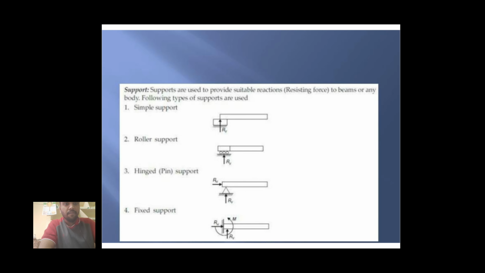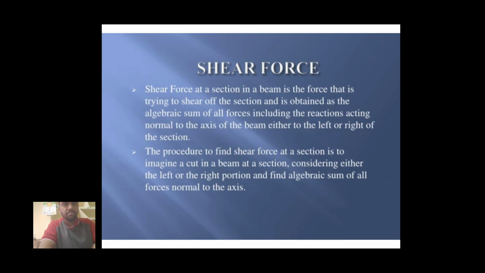Roller support: between the beam and the base there are roller balls. Hinge pin support: it is a sharp pin-like object which is supporting the beam with a sharp edge. Fixed support: where the support is fixed to a wall or a base constantly.